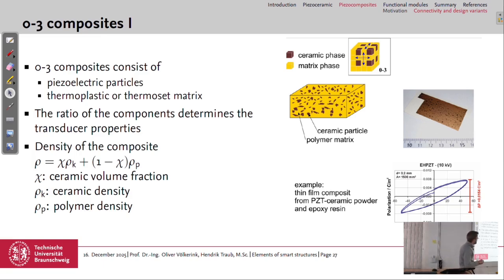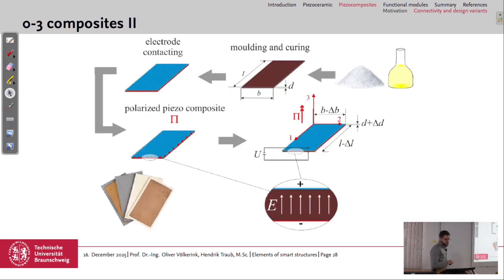Here you can see a real image of the 0-3 composite with the ceramic particles in it. If we want to build a transducer from the 0-3 composite, we start with our powder, then mold and cure it and have the sintering process.